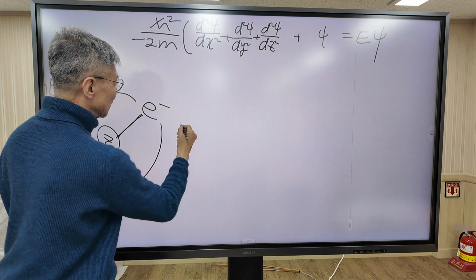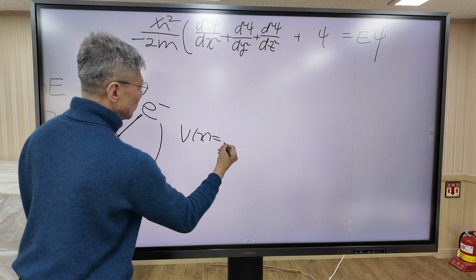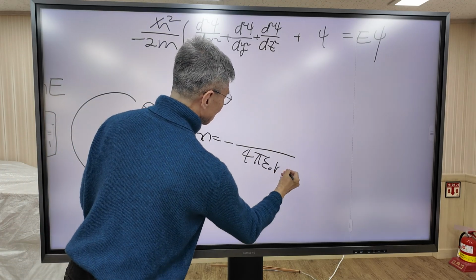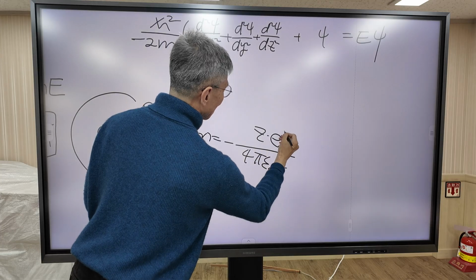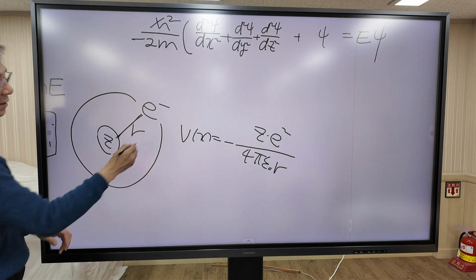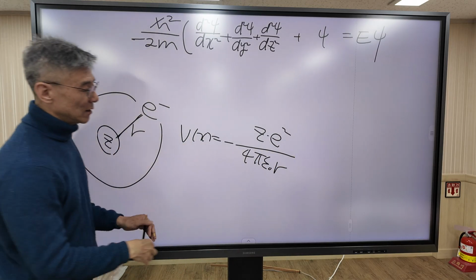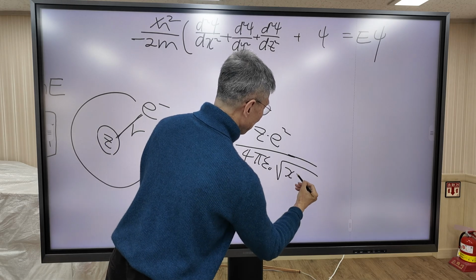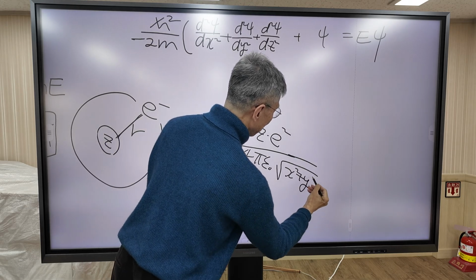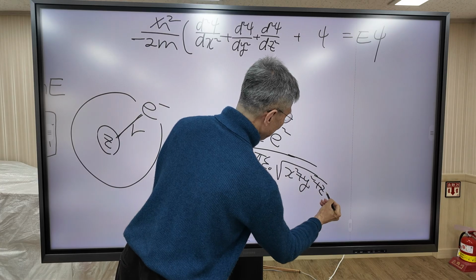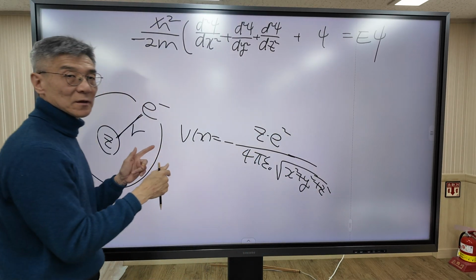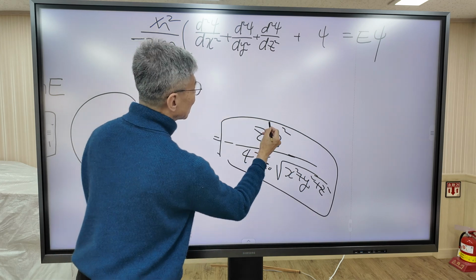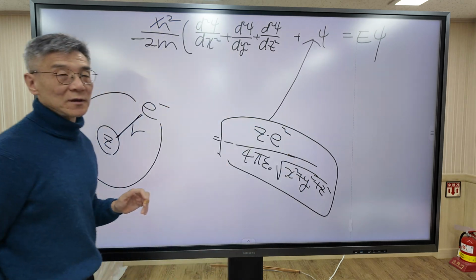So the potential is equal to this. This is r, and r is equal to this. This is the potential term. This one must be plugged into this one.